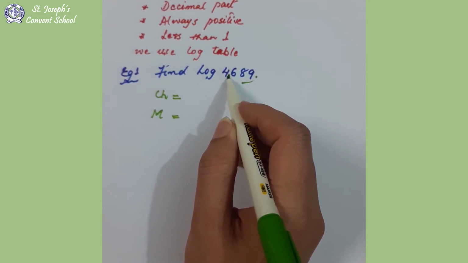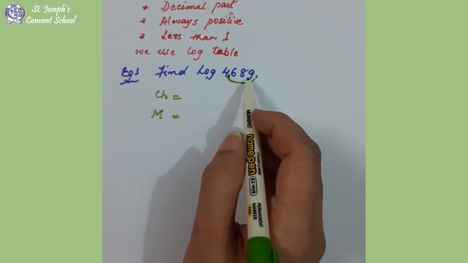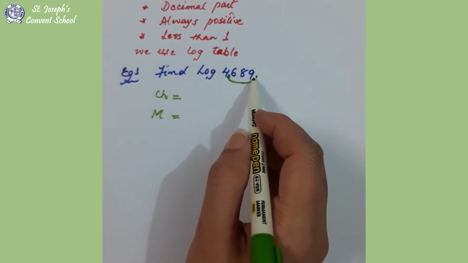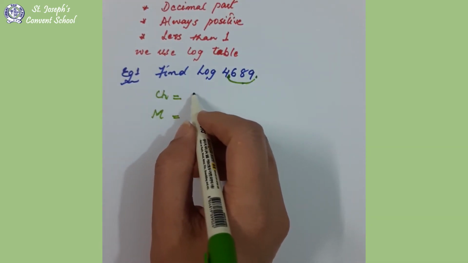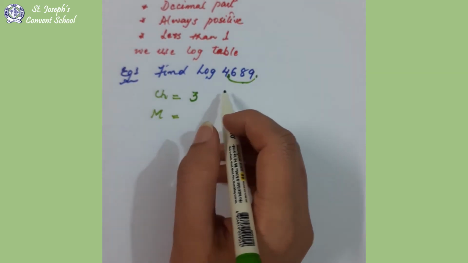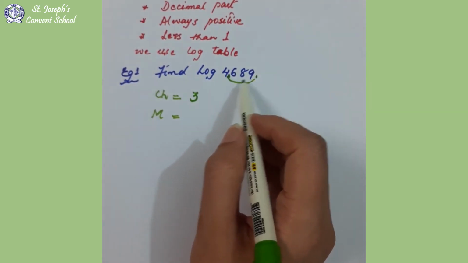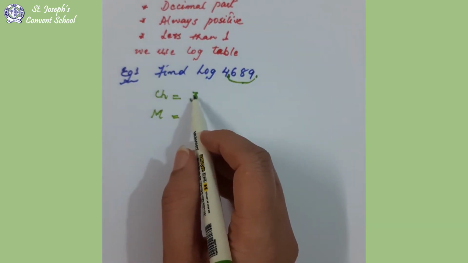From here till here, how many places? 1, 2, 3. So 3 places you are shifting. The characteristic is 3. The number is greater than 1, or you can say you are moving towards the left side, so the characteristic is positive, it is 3.